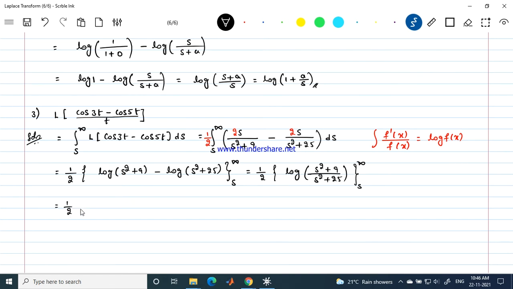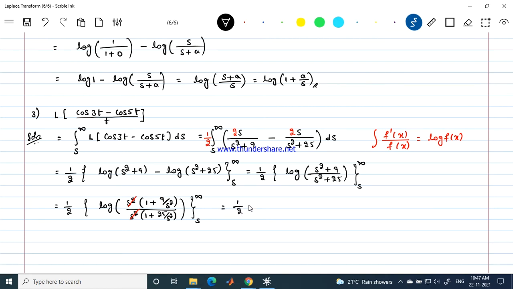Now I will just take the highest degree term out of the numerator and denominator. That will give us log of s square times 1 plus 9 upon s square divided by s square times 1 plus 25 upon s square, between s and infinity. Here s square and s square will get cancelled and 1 by infinity becomes 0.